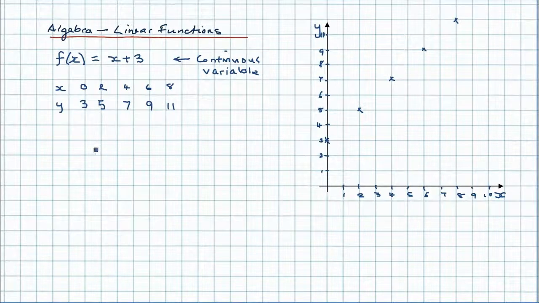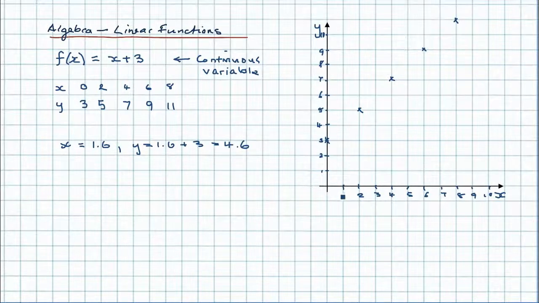So for example, x could be 1.6. Let's let x equal 1.6. If x equals 1.6, then y must be 1.6 plus 3 equals 4.6. Okay?